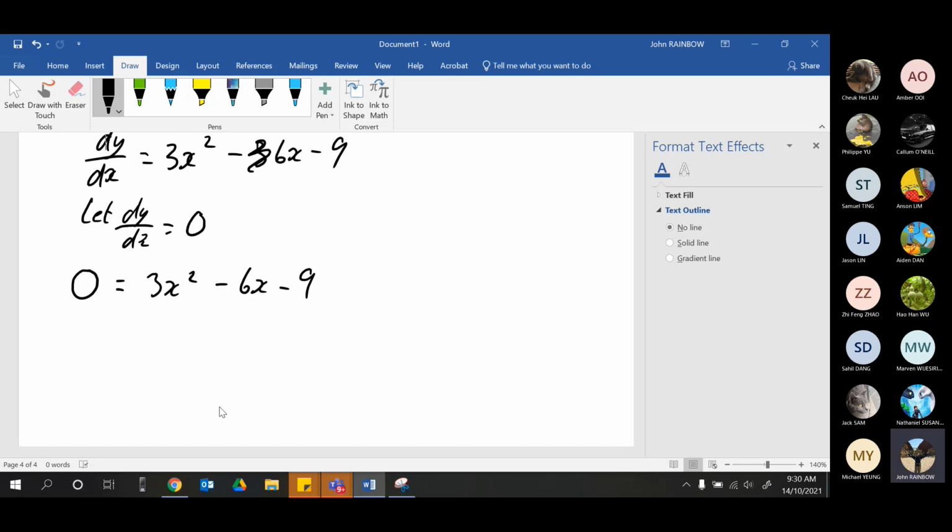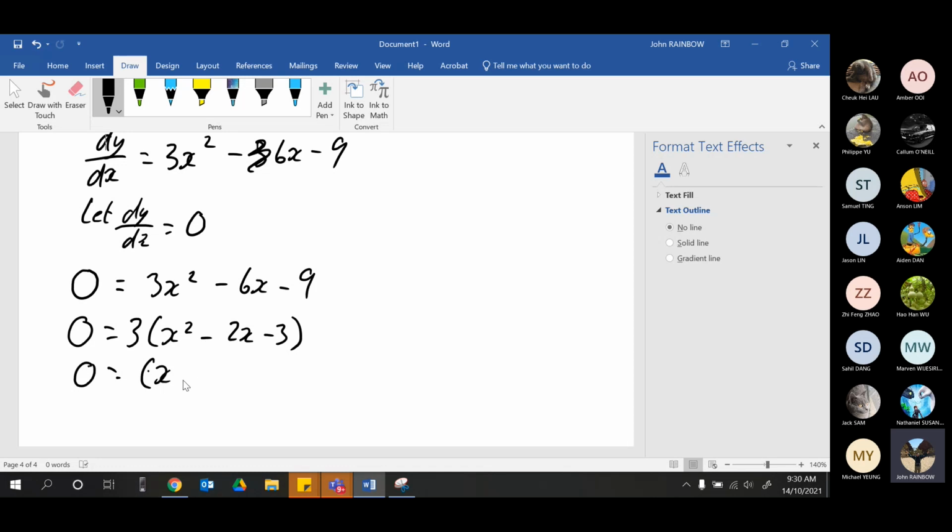So now I solve for this. In this case, I just use my quadratic skills. I'm going to take out a common factor of 3. Always take out common factors. Much easier now. I can divide both sides by 3 if I want. It really doesn't matter in this case. So that's going to be x, what are we looking at?